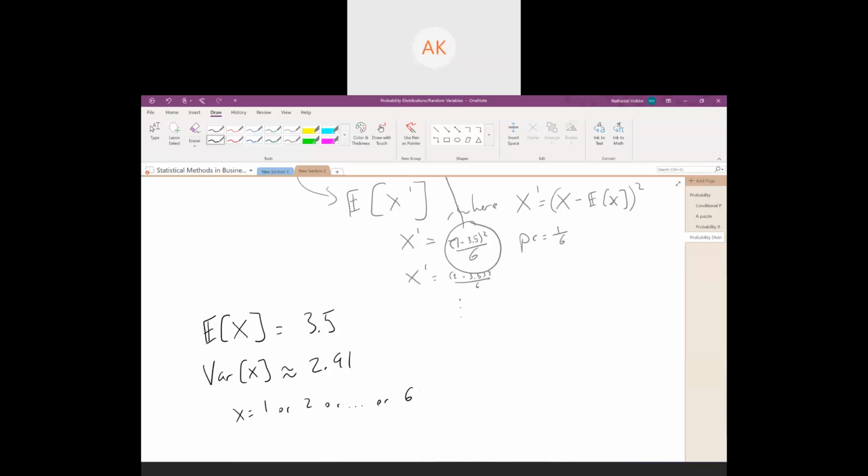I'm not sure, but I feel like in this situation, since the variance is close to 3, and the expected value is 3.5, it covers both sides, so all of the faces are possible.